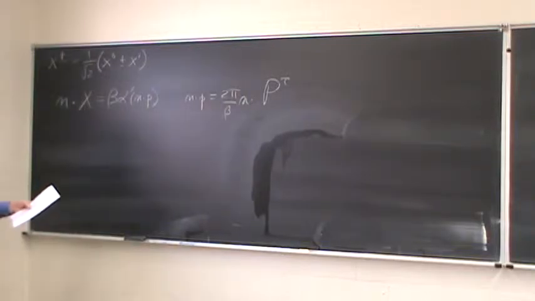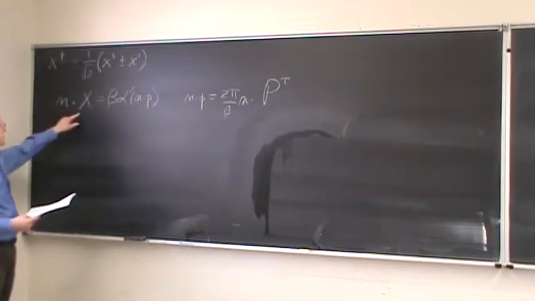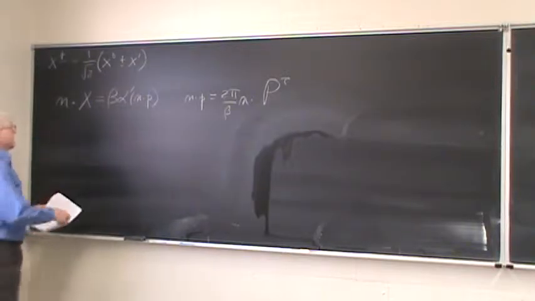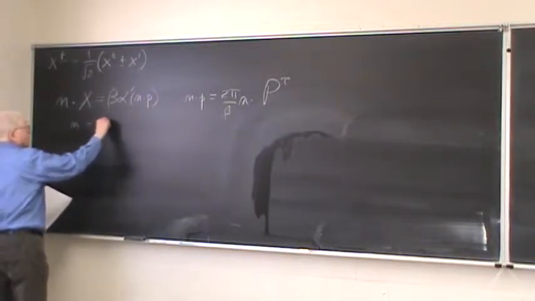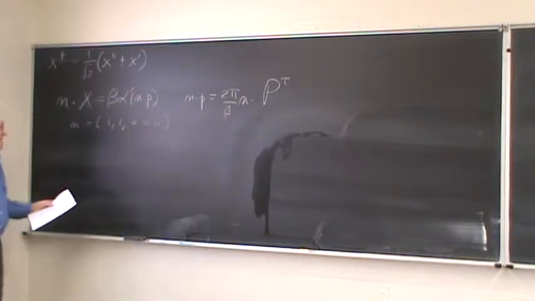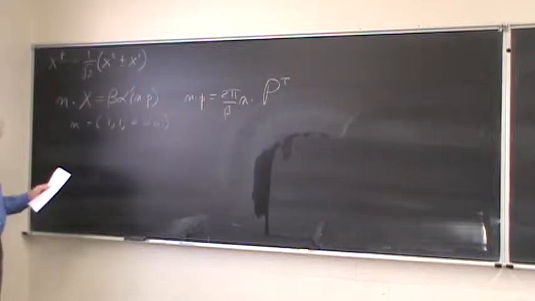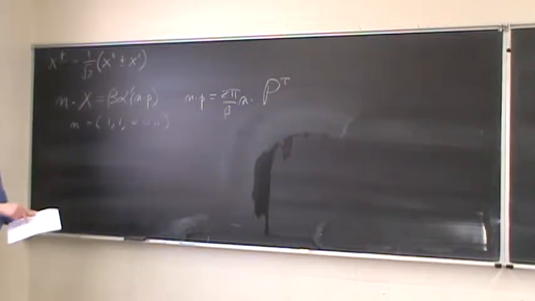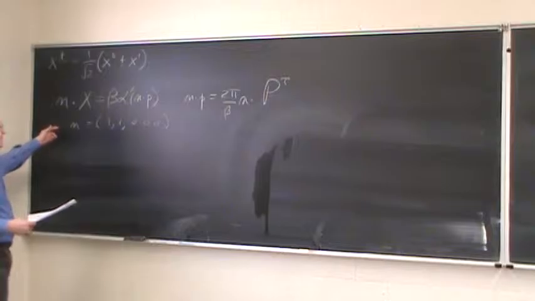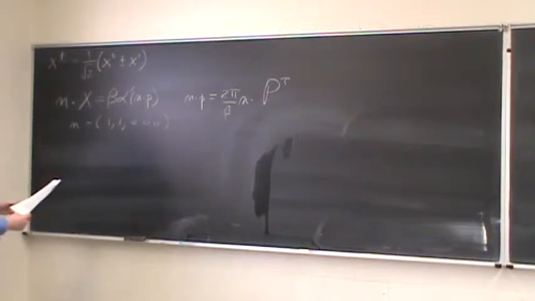Let's see. One of the choices is when n gives you x plus, and so the vector n would be 1, 1, and then all zeros. So that's a light-like vector, isn't it? Yeah. Okay, so n may be a light-like vector. It certainly is for the light cone gauge.